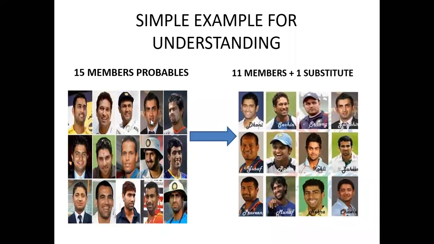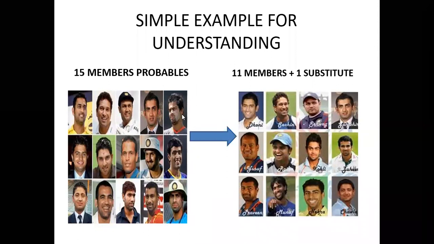Probably on the left side, we have 15 probable members. But our requirement is only 11 members in the final team. Along with the 11 members, 1 substitute will be there. Already we know the purpose of 1 substitute. In our electrical system also, this substitute is called reserve capacity, whereas in this example, I'm calling this one a substitute.